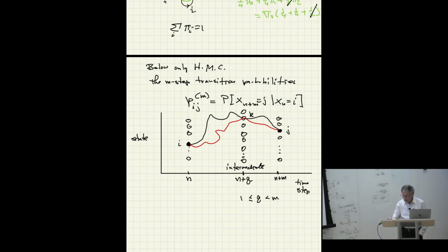Or I could have passed through some different intermediate state, or possibly even another different state. Always starting at i and ending at j. These are the sample paths I could have followed, okay? But I have to pass through some intermediate state.